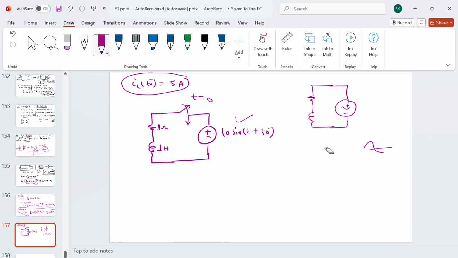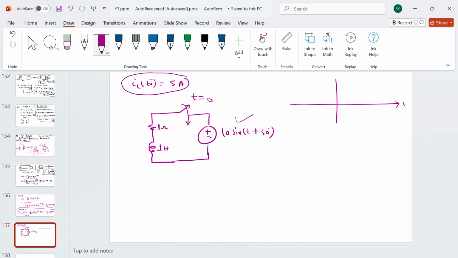But the thing is, the initial inductor current was 5 ampere till this instant t naught. So I should get the time instant such that if at steady state the current is sinusoidal, from here also the current should start like a sinusoid.